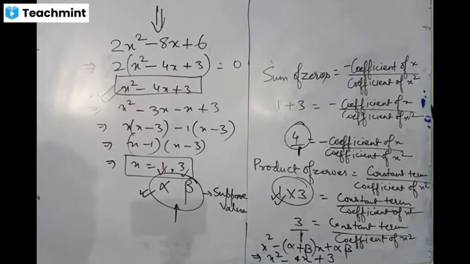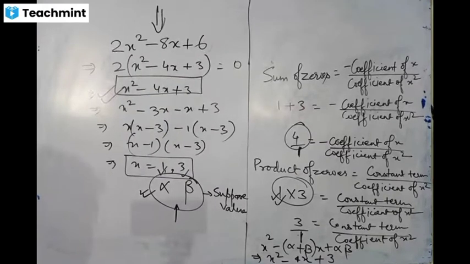That's how you can easily relate your coefficients with the zeros. If the zeros are given, then you can find the equation, that will be your main equation. Just like x square minus 4x plus 3 has the same equation, x square minus 4x plus 3, at the last. So by this way we can relate our question.